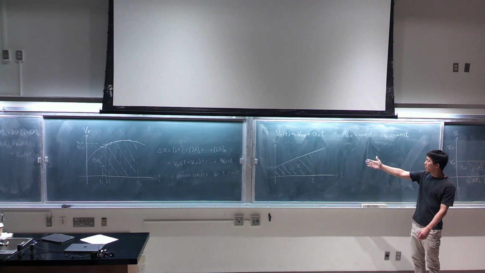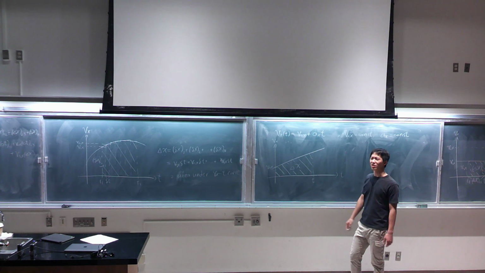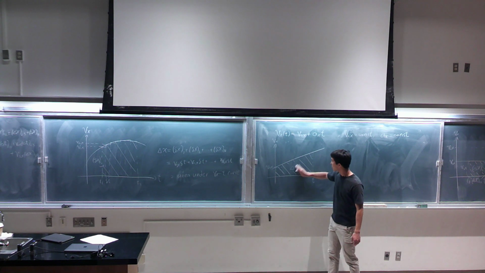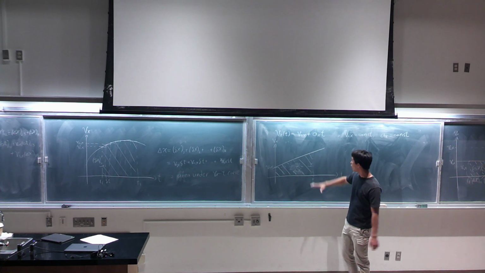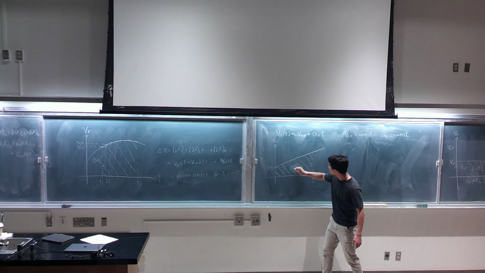Now, this is a right trapezoid. Do you guys know how to compute the area of a trapezoid? How about a rectangle plus a triangle? Okay, so let's do that. So for delta x, the displacement is the total area.